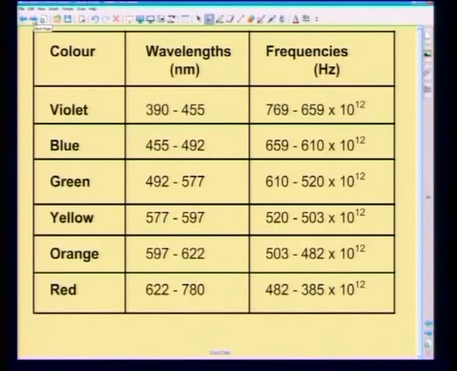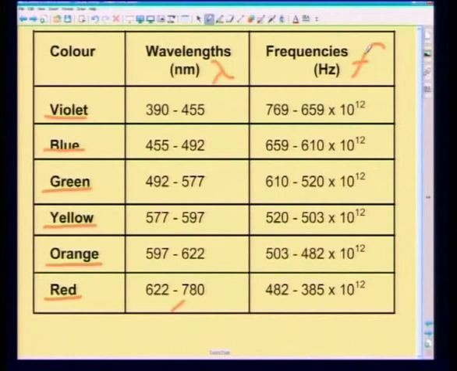Right. Let's now continue to look at these frequencies, because these frequencies are related to the colors that we see. Remember the 7 colors of the white light, the electromagnetic radiation. We have red, orange, yellow, green, blue, violet. Now here you would see that we are given the wavelength, lambda, and we are also given the frequencies.